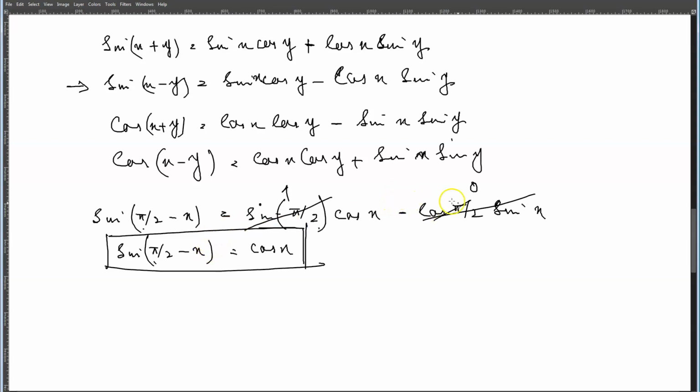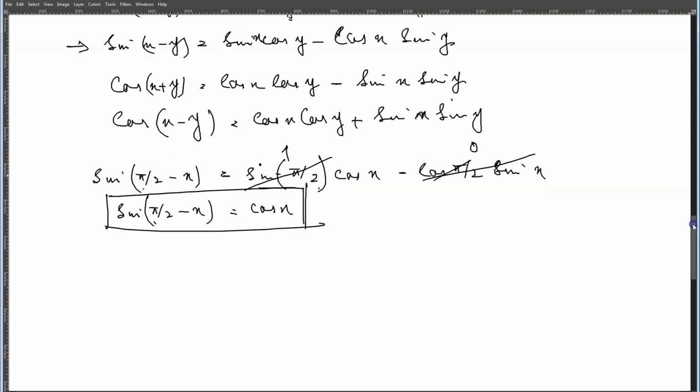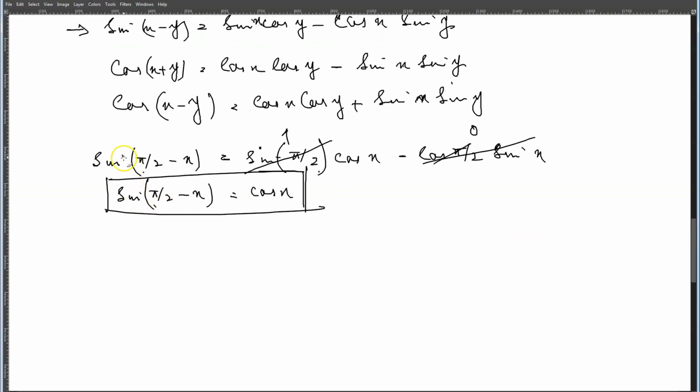Now what is the cos of pi by 2 minus x? The cos of pi by 2 minus x, I can use this formula here and write this as cos of pi by 2 cos x plus sine pi by 2 sine x, right?